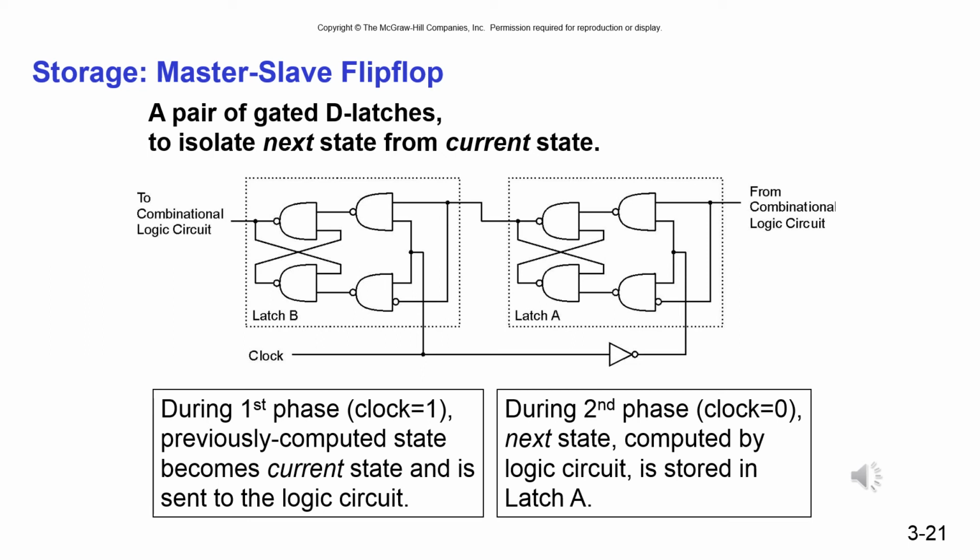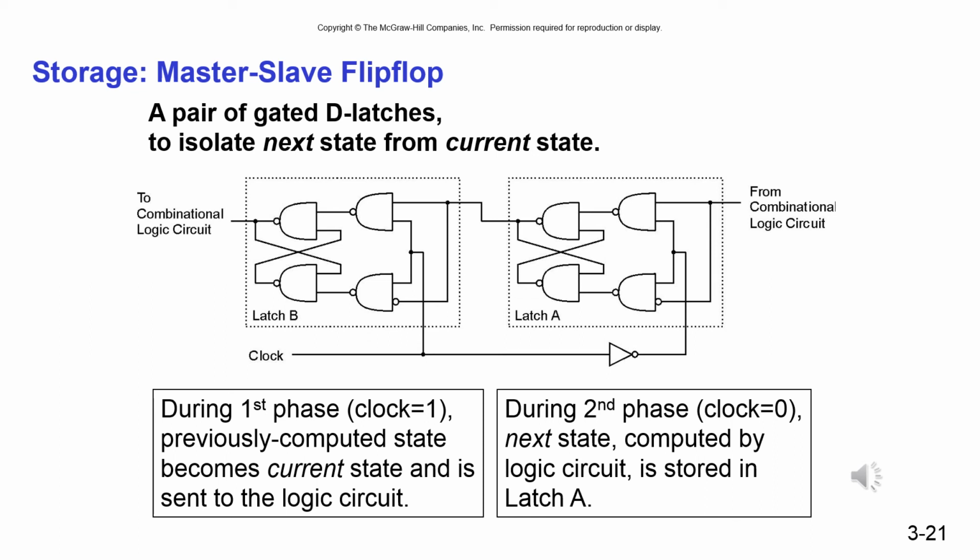And so we have the clock cross fed into latch B directly, and notice it gets inverted. The signal for the clock gets inverted before it's sent to latch A. This is the write enable signal. So you need a 1 on that write enable signal in order for it to pass the input to the output of the gated D latch.